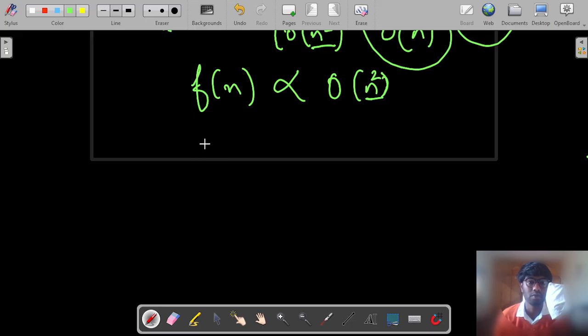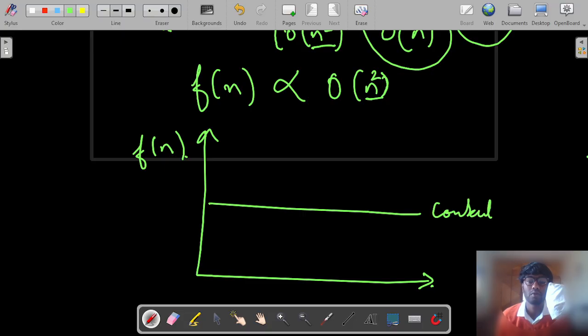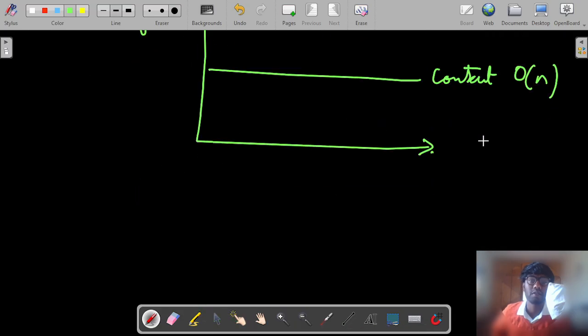That's what we understand. So let's say we can draw out three graphs just to understand. This is like a constant O of 1, let's say at 600.